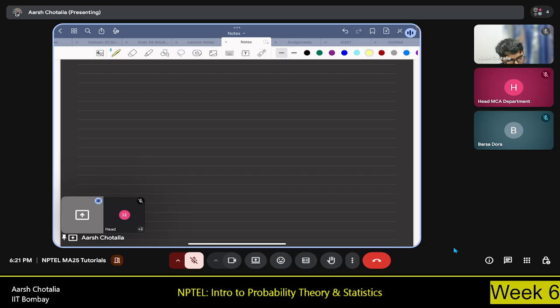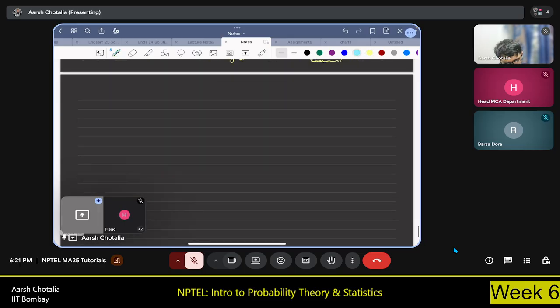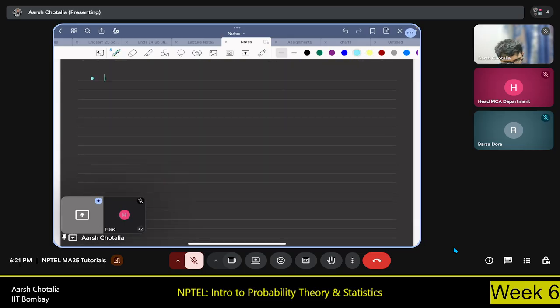Okay. If not, then yeah, the final thing that we saw was random sums. So we can always define a random variable which is the sum of some random variables, right? But how many? So why not make that also a random variable?